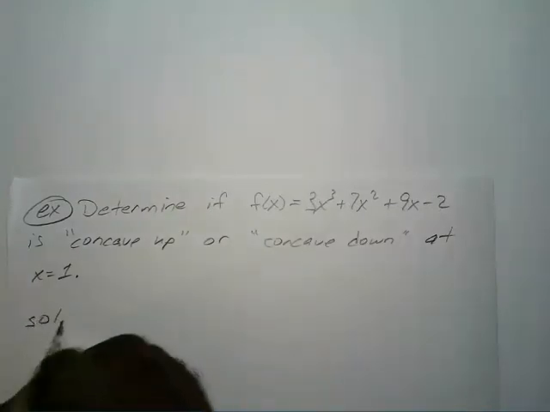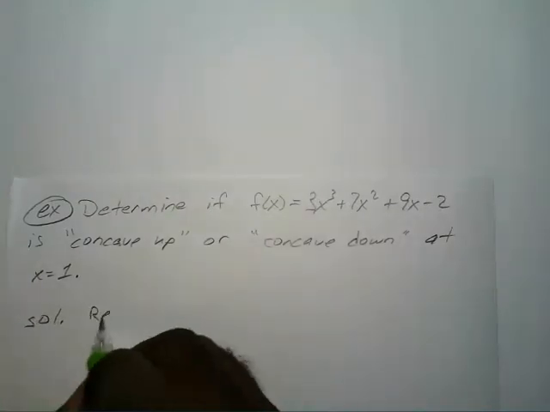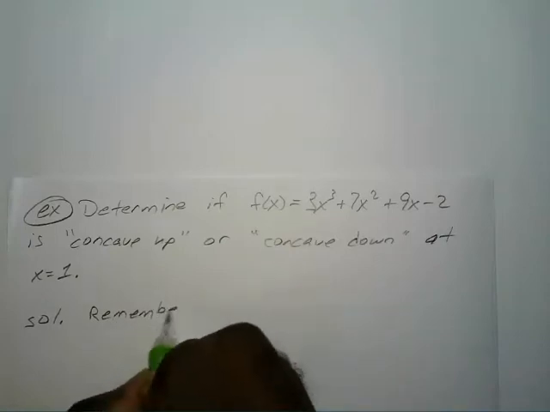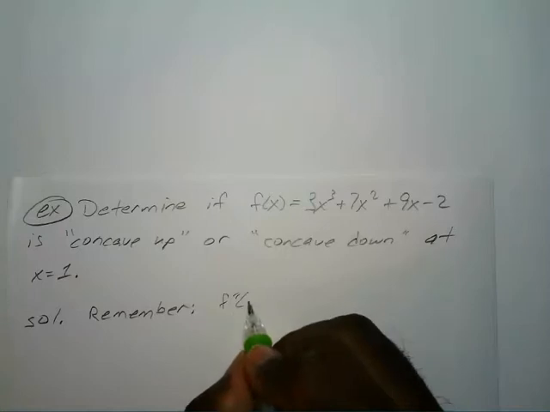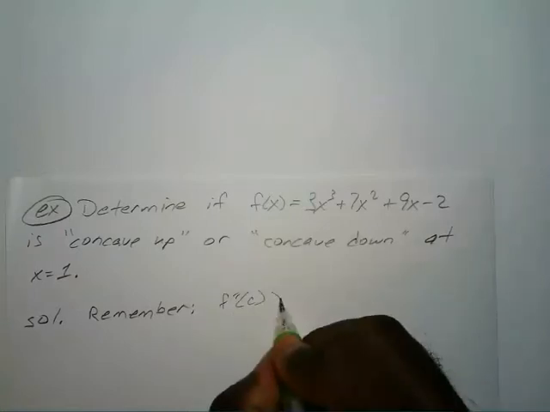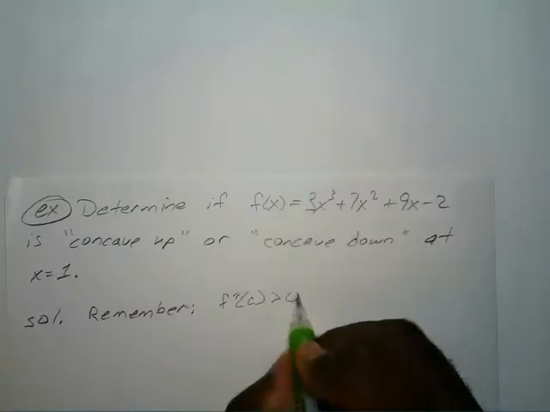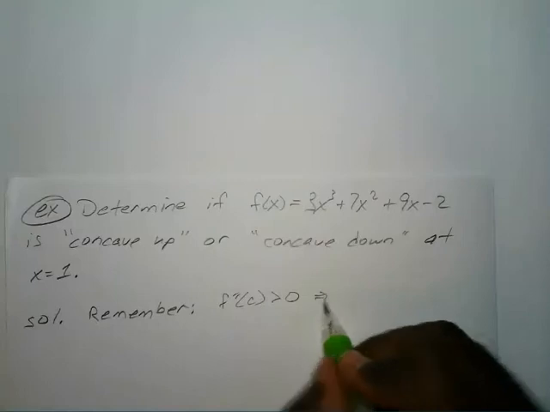Alright, so to do this, you want to remember that f double prime of c greater than 0 means it's concave up.